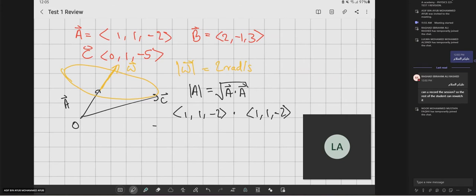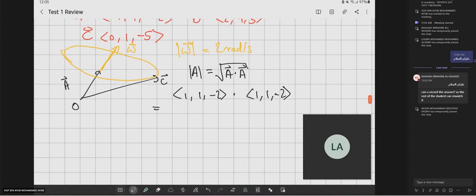The dot product is simply the product of individual components and the sum. So I have 1 times 1 plus 1 times 1 plus minus 2 times minus 2. So this is simply 2 plus 2 plus 2, which is 6.